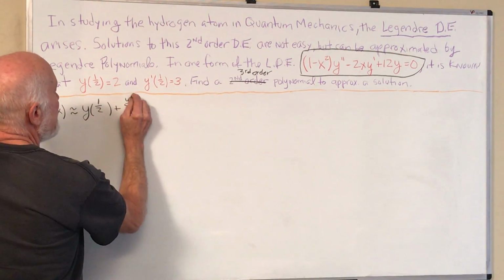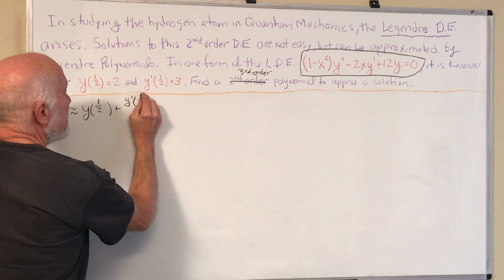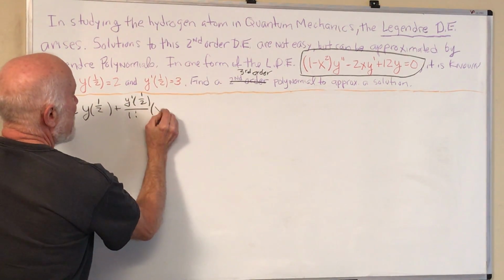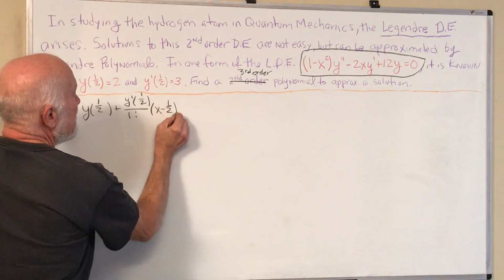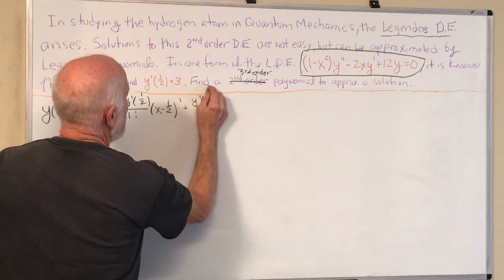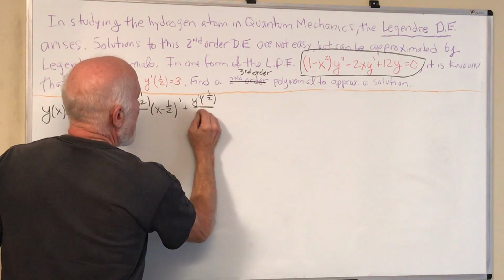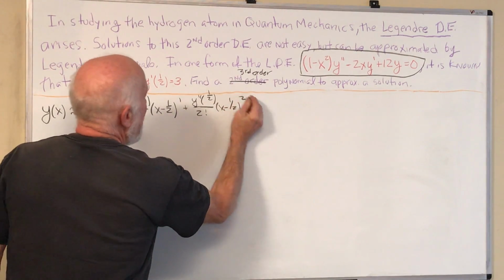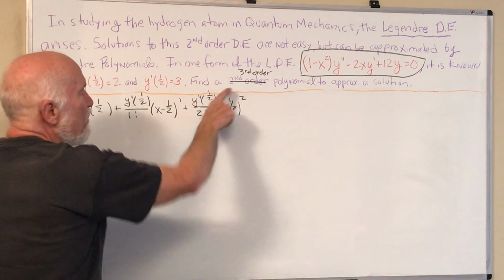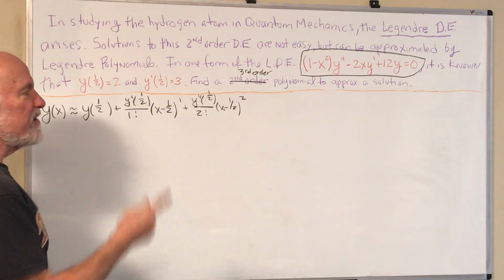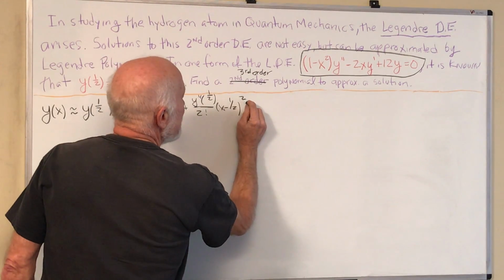Plus y prime, now we just write the formula, over 1 factorial times x minus a to the first, plus y double prime over 2 factorial times x minus 1/2 squared. And I was just going to do a second order, but I thought, this is the last day, let's really go for it and do a third order.